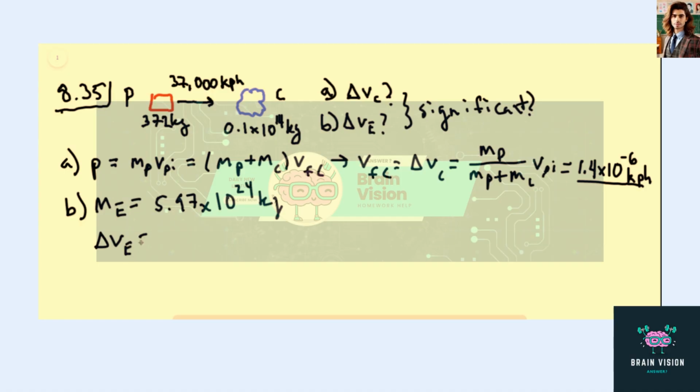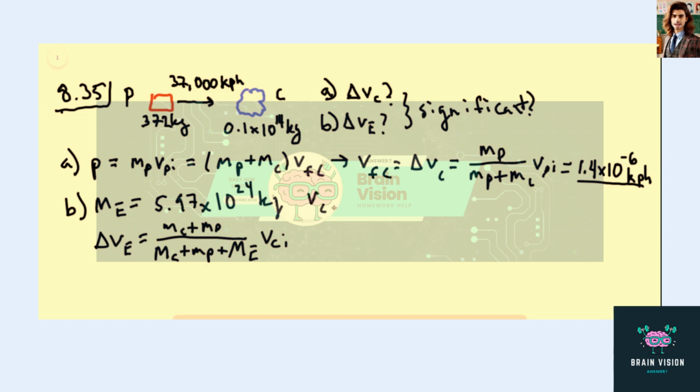So the change in the Earth's speed is going to be equal to the mass of the comet plus the mass of the probe, which is negligible compared to this, but for the sake of being complete, we should include that, MC plus MP, over MC plus MP plus ME, times V comet initial.